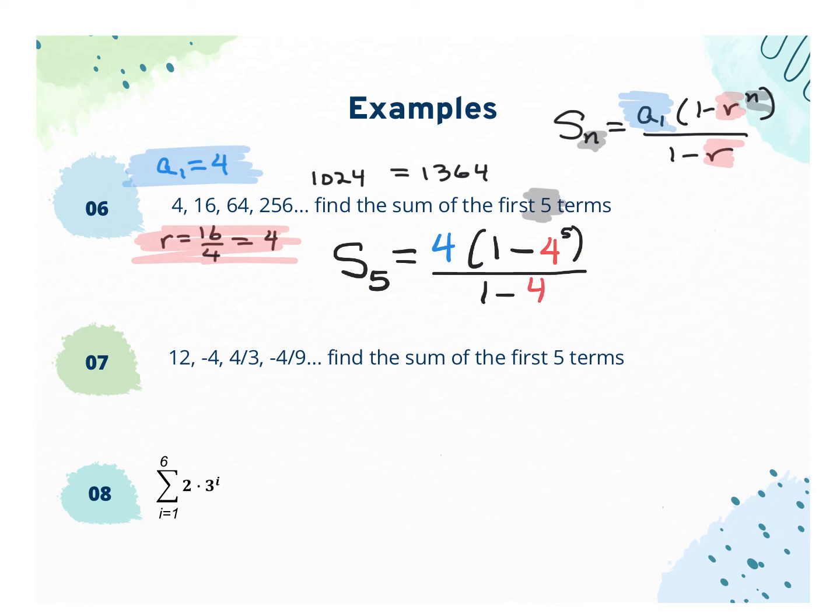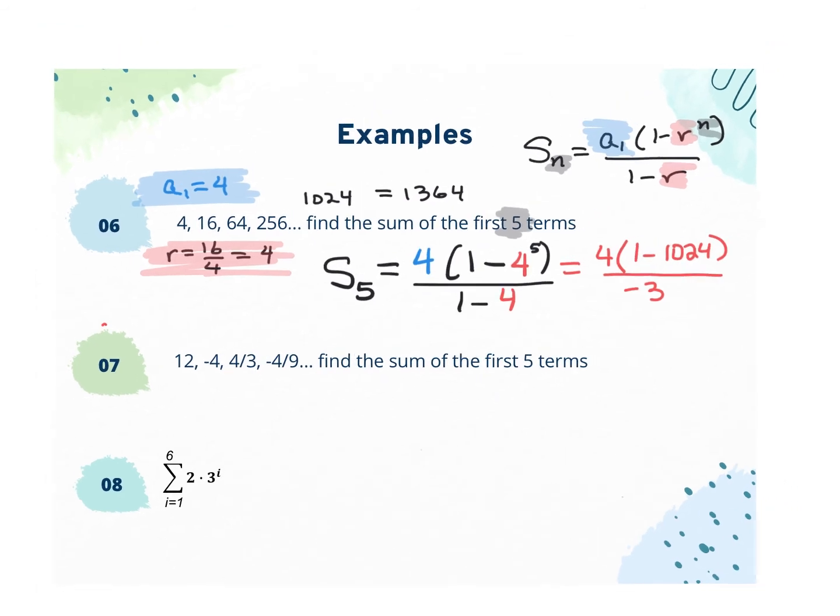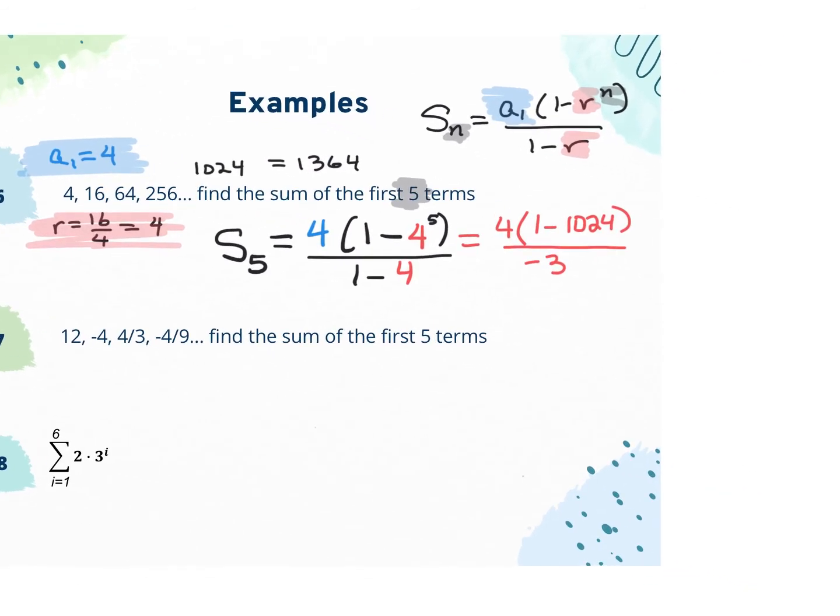You need to follow order of operations here. So 4 and then 1 minus 4 to the 5th power, 4 to the 5th is 1024. 1 minus 4 is negative 3. I can go ahead and subtract 1 minus 1024, and I get 4 times negative 1023 divided by negative 3.